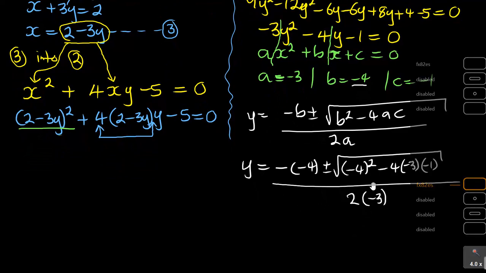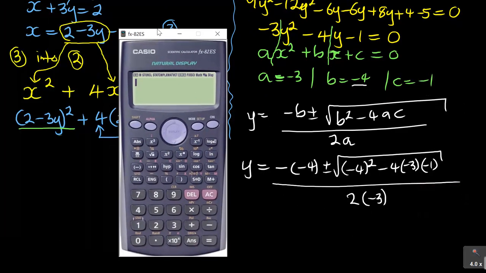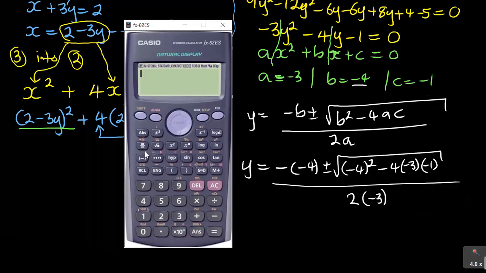So now take a calculator and have that negative bracket negative 4 plus square root of bracket negative 4 squared minus 4 times negative 3 times negative 1, like that, over 2 times negative 3.